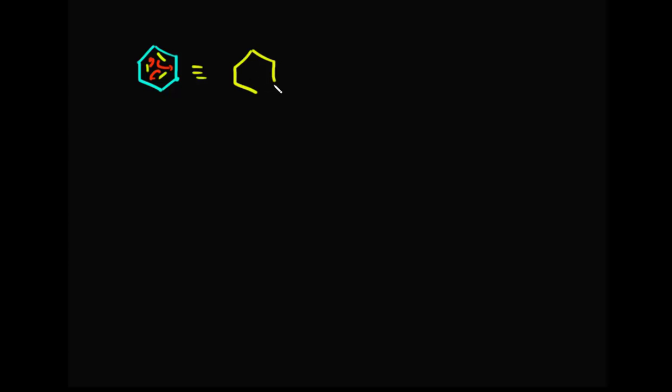The pi bond positions will be changed. So these two structures are equivalent, and this character is called pi-electron delocalization. And this pi-electron delocalization is the special character of benzene which gives benzene its aromaticity.